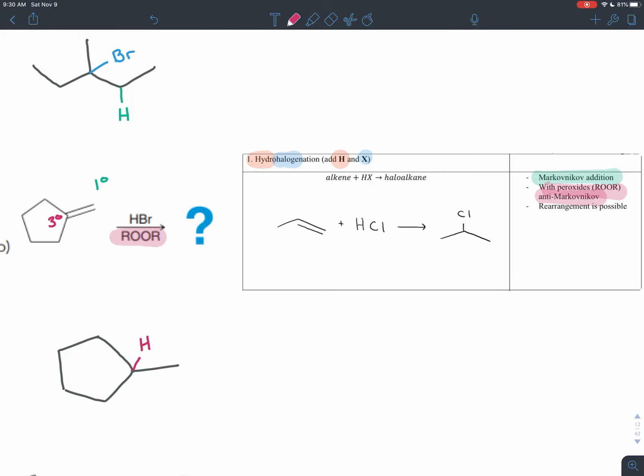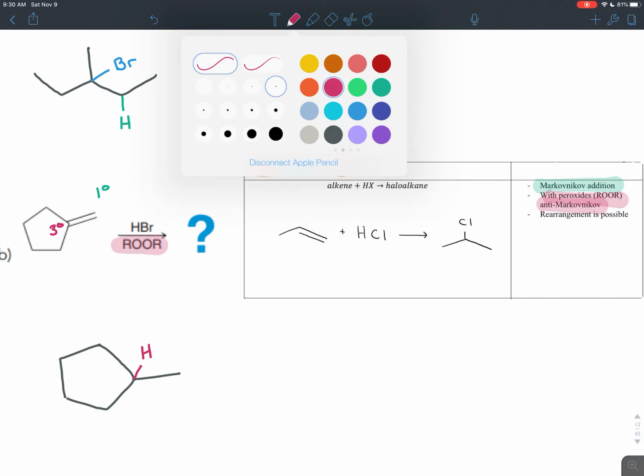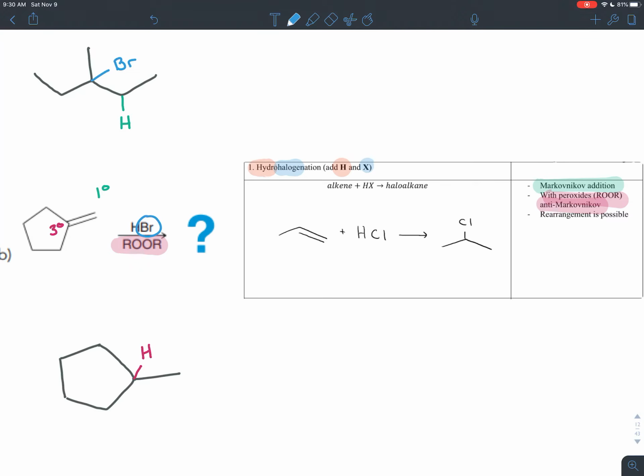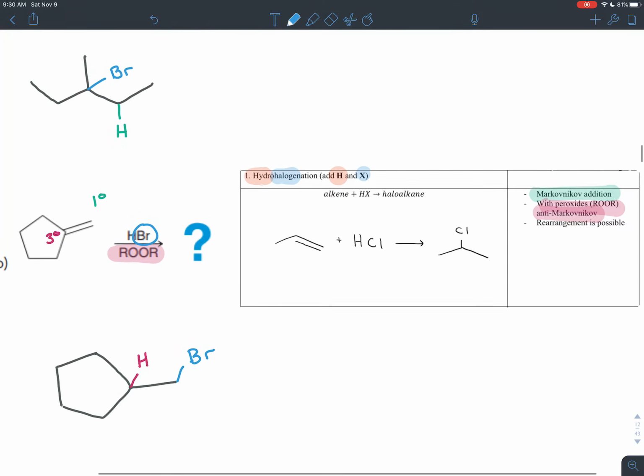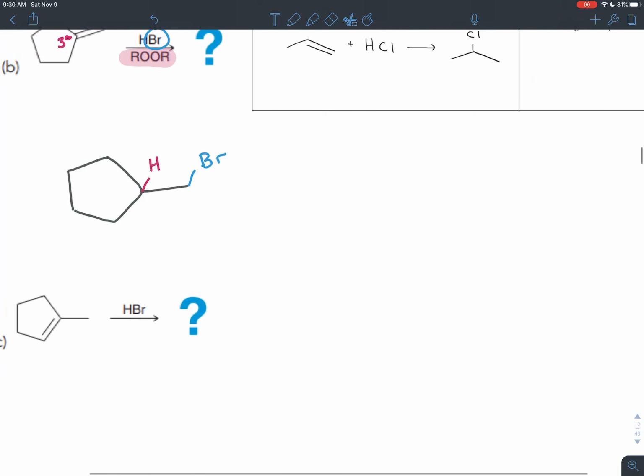You do need to know the mechanism when you're doing hydrohalogenation without peroxides. But for now, we see a peroxide, we know it's anti-Markovnikov addition, the hydrogen goes to the more substituted carbon, and the other thing we're adding, in this case the bromine, is going to go to the less substituted carbon. And so that's our product. Okay, let's try it with another one.